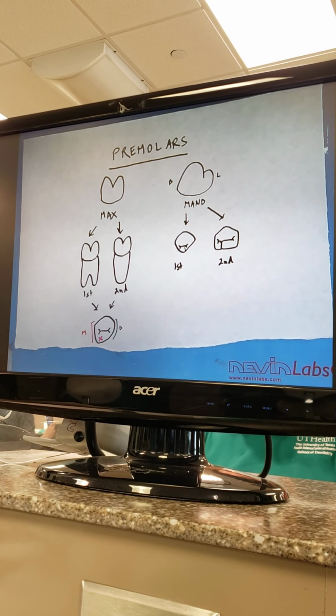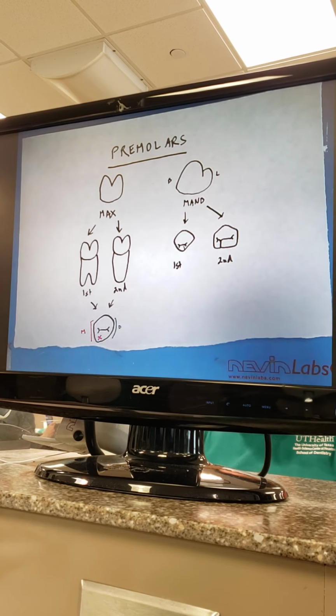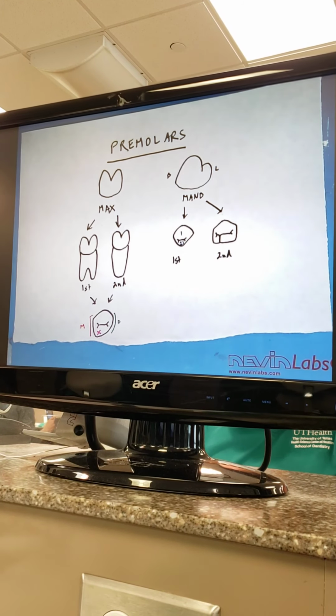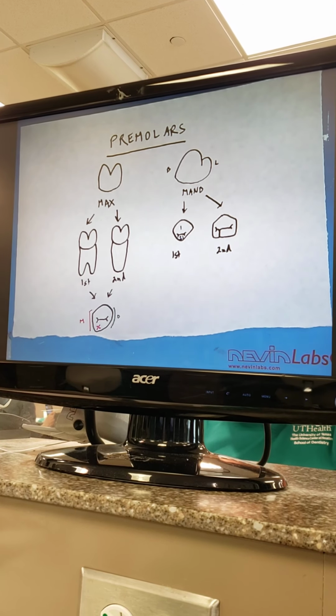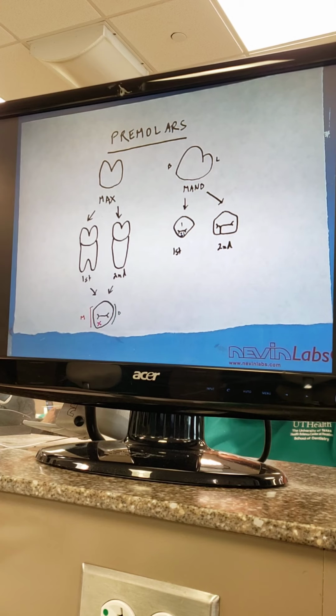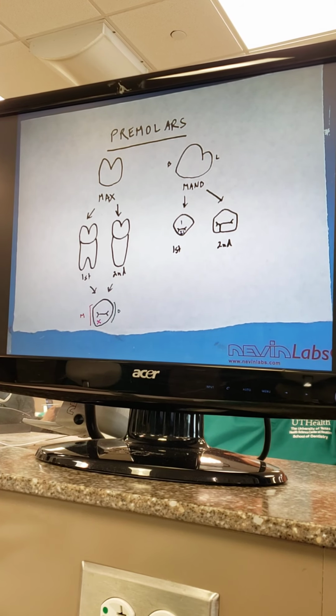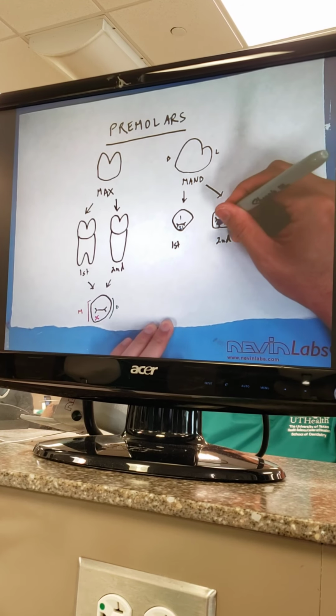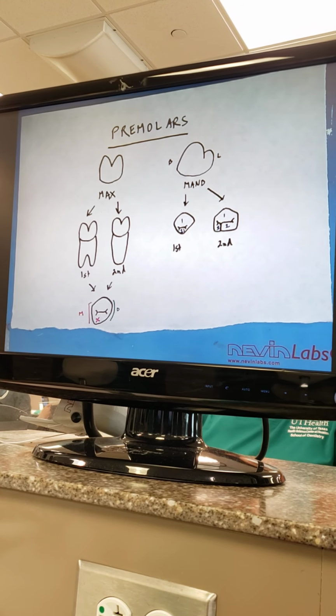It has one buccal and one lingual. For the purpose of the tooth ID exam, Dr. Fry is only going to use Y-shaped second premolars. So there'll be 3 cusps on that one. So the Y-type second has 1, 2, 3 cusps.